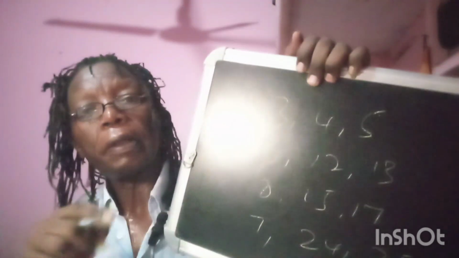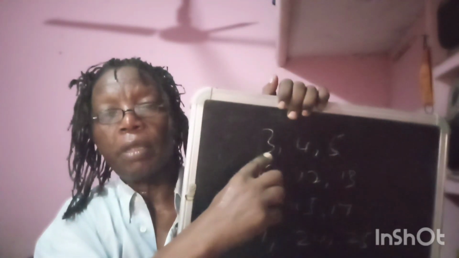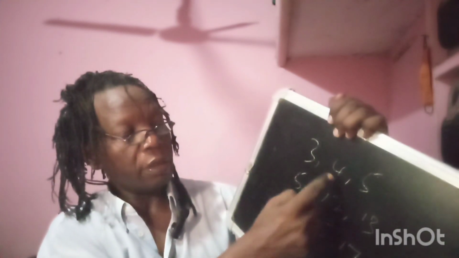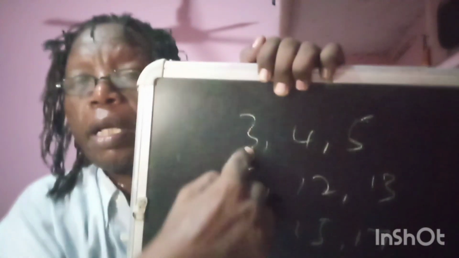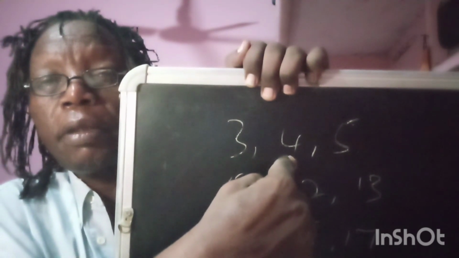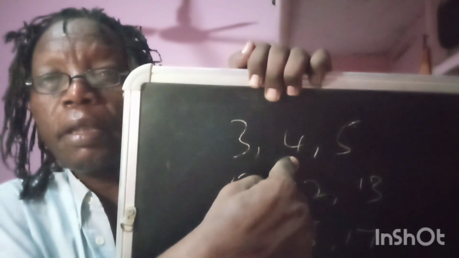So let's assume that this is the adjacent. This is the opposite. This is the hypotenuse. Let's see, if you square this, 3 will be 9, and if you square that, it will be 16, right?